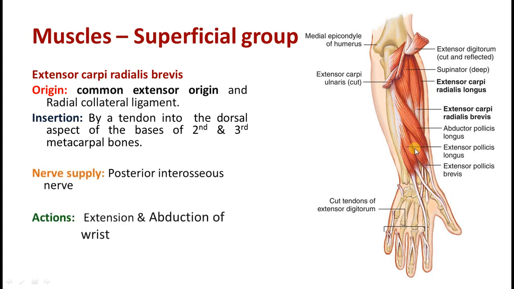So nerve supply now onwards is the posterior interosseous nerve, which is the deep branch of the radial nerve. Again the action is the same as that of extensor carpi radialis longus. So extensor carpi radialis longus and brevis bring about the extension of the wrist. In combination with the flexor carpi radialis they bring about the abduction of the wrist.